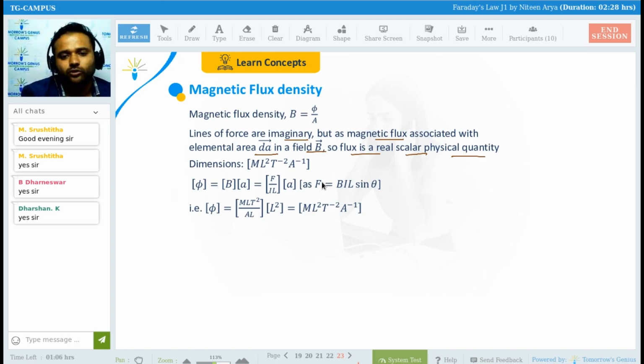Dimensions are M L squared T to the power minus 2 A to the power minus 1. That is important. Sometimes you need to give this answer directly, and that is the simple 11th class concept. Magnetic field will give you this because it is a force per unit area.